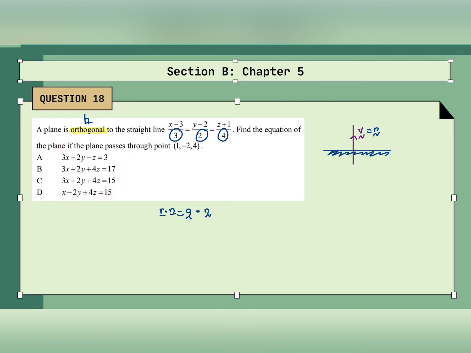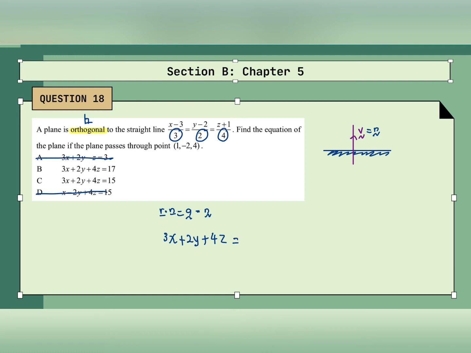R kita, okay, so kita punya, ini adalah kita punya normal vector. So sebab kita punya answer ini adalah dalam bentuk Cartesian equation, so it will be 3x plus 2y plus 4z. Okay, so boleh tengoklah yang mana ada jawapan 3x tambah 2y tambah 4z adalah our possible answer. So A dengan D boleh potong.